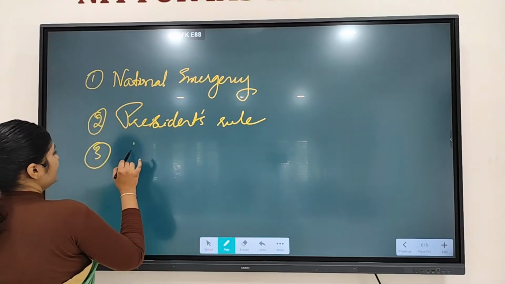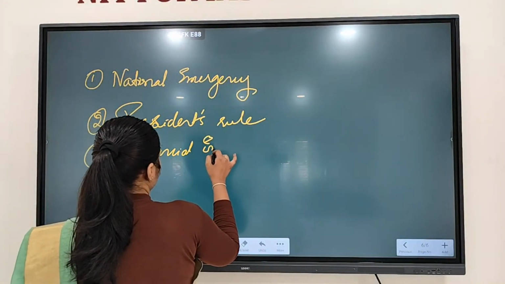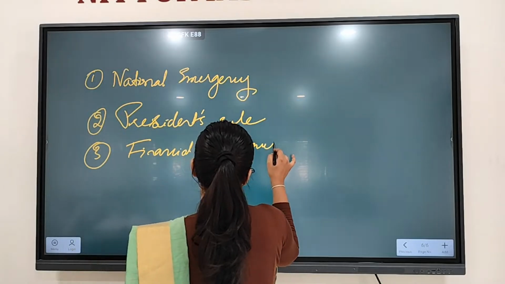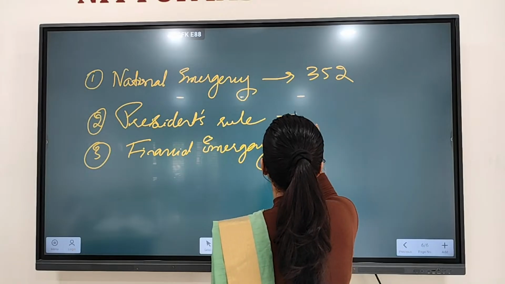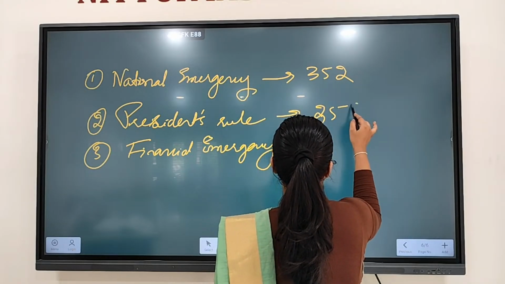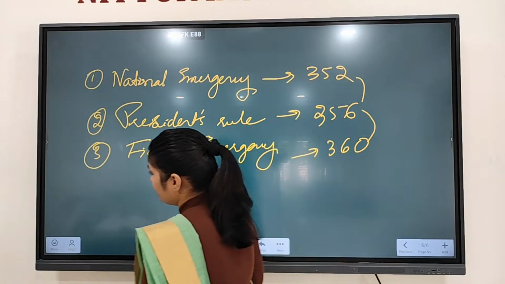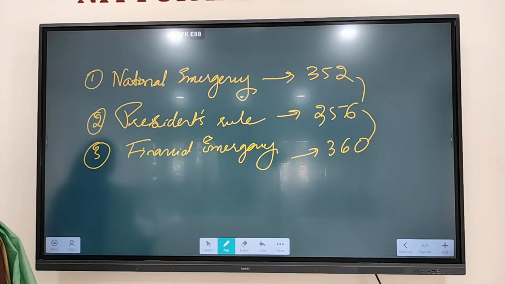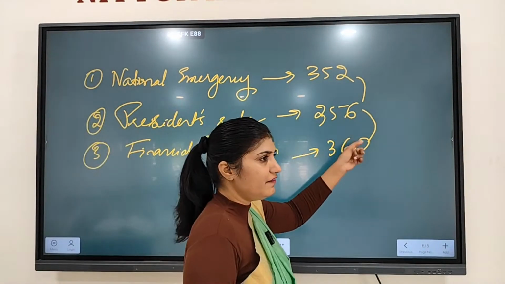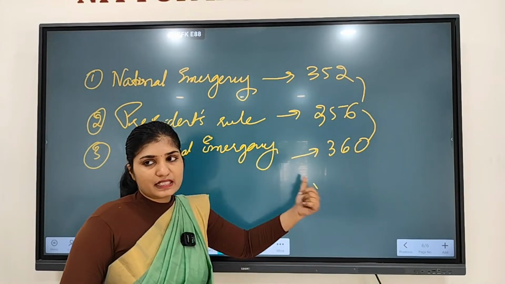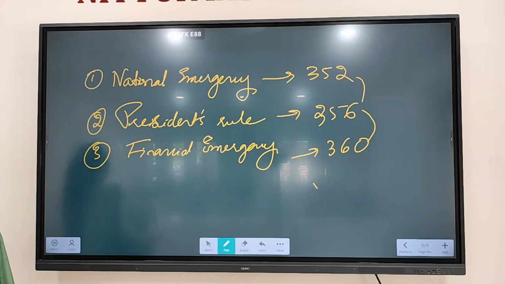Next, financial emergency. 352, 356, 360. Difference in each. Article 352 is related to national emergency, 356 is related to president's rule, 360 is related to financial emergency. ನಾಲ್ಕು articles difference ಇದೆ.